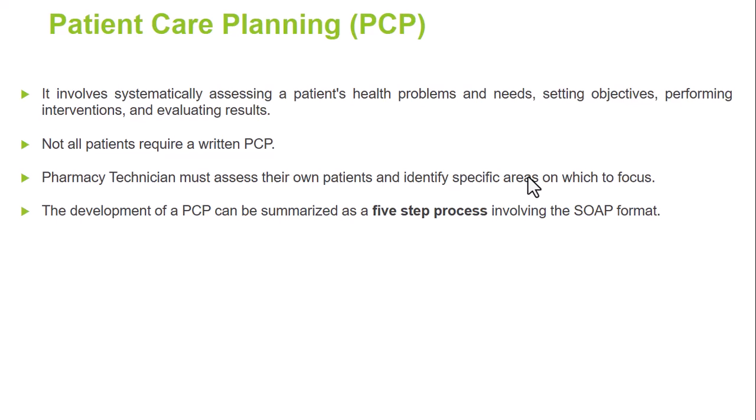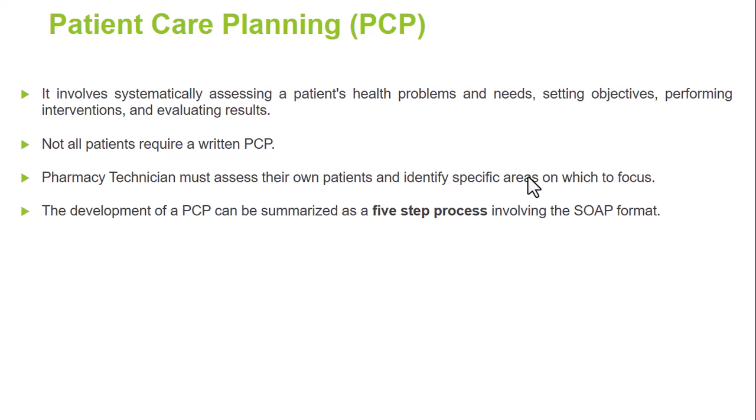It involves systematically assessing your patient's healthcare problems and their needs. After you have assessed their health problems and needs, you set objectives based on what you have found out, not necessarily family or social problems.